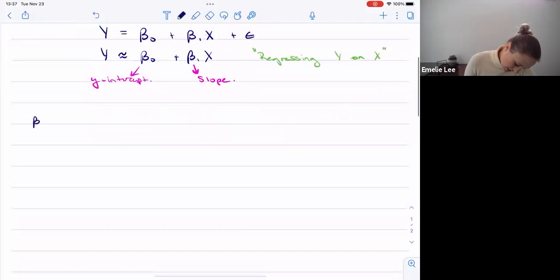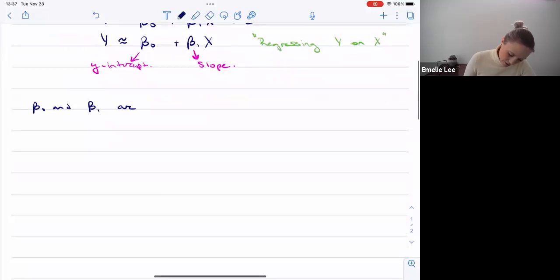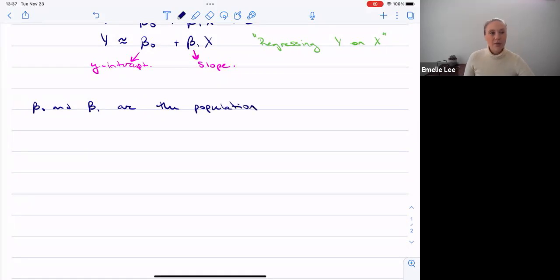So beta naught and beta 1 are the population parameters. It's kind of redundant to say population parameters, but I want to emphasize that we use those terms.